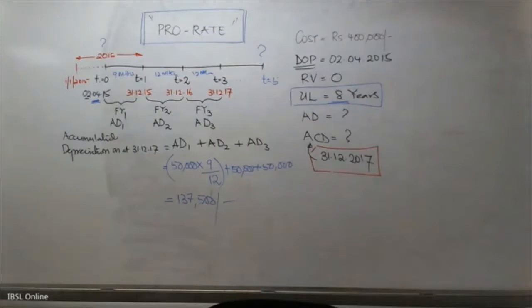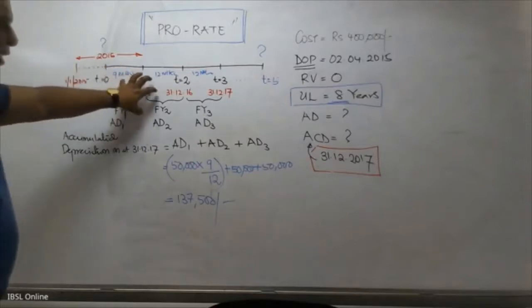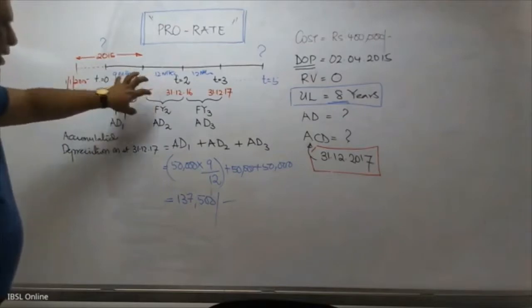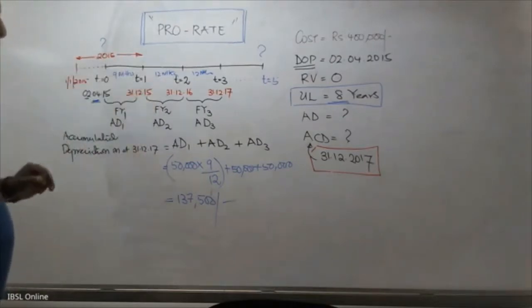What do you think? 150,000. 150,000. Any other answers? I hope the question is clear to you all. Now, what I'm doing is I'm going back to the question that we did, right? Now, I'm going to give you the policy of the company. Now, the policy of the company is changing.